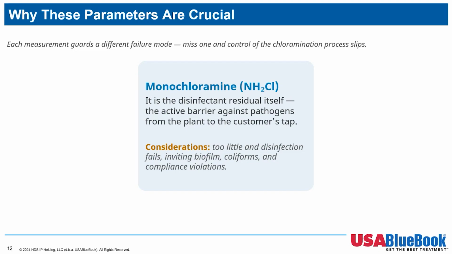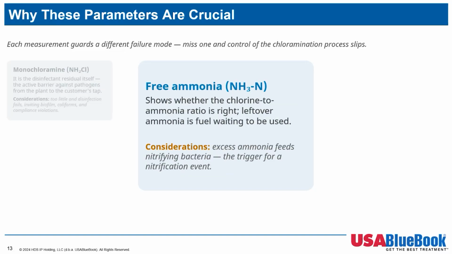Think biofilm, coliforms, and violations that can follow. Free ammonia is how you know your ratio is honest. That leftover ammonia is fuel sitting in the pipe, waiting for something to burn or consume it. And something always will. That's the trigger for the whole nitrification cycle we'll walk through shortly.